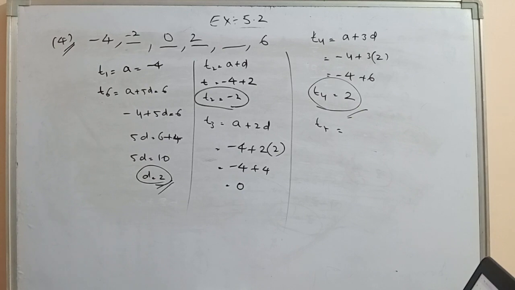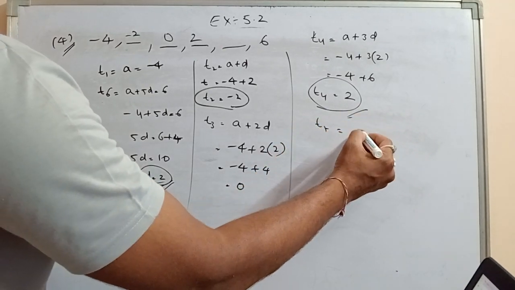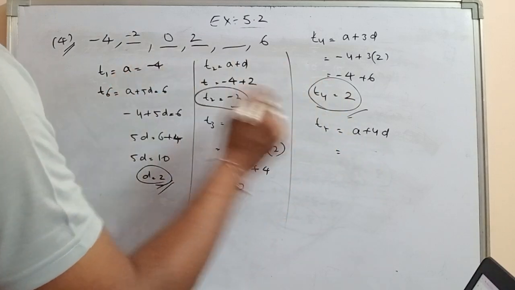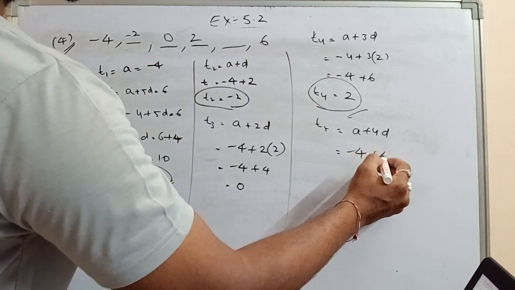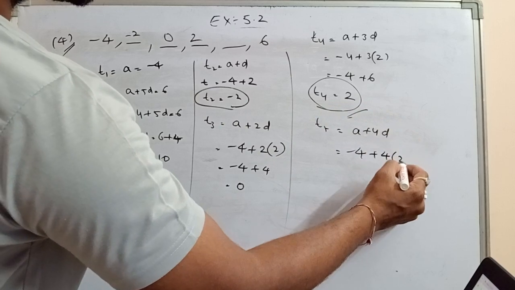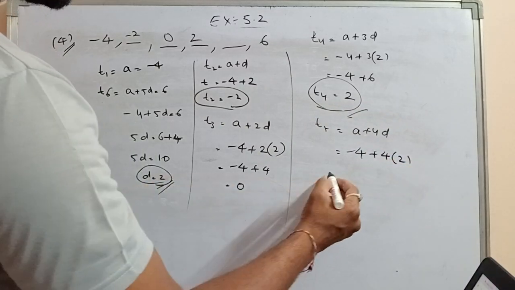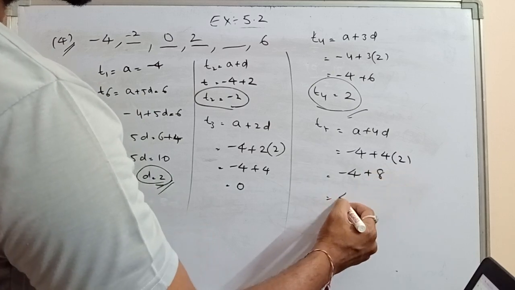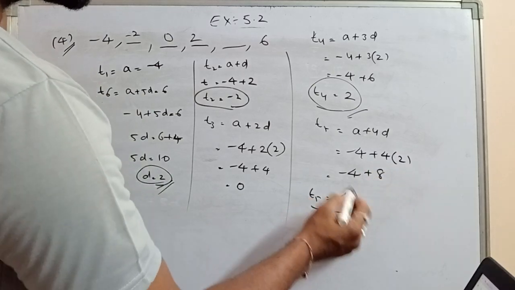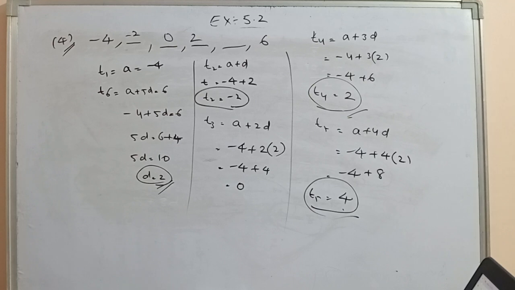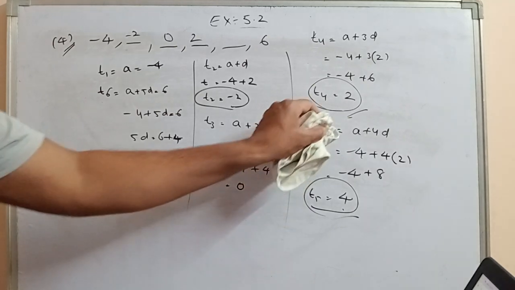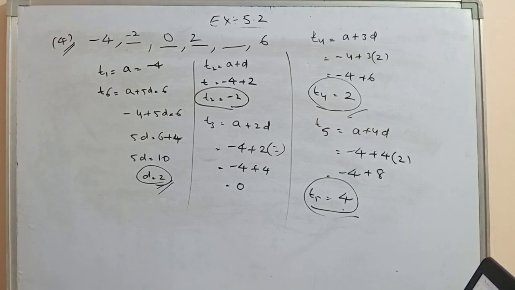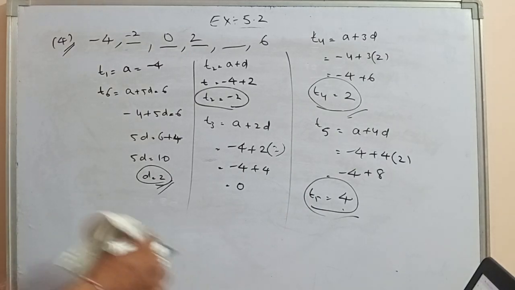What is the formula? a plus n minus 1 into d. So a plus 4d. What is a? It is minus 4 plus 4 into d, which is again 2. So it will be minus 4 plus 8. So it will be 4. So T5 will be 4.